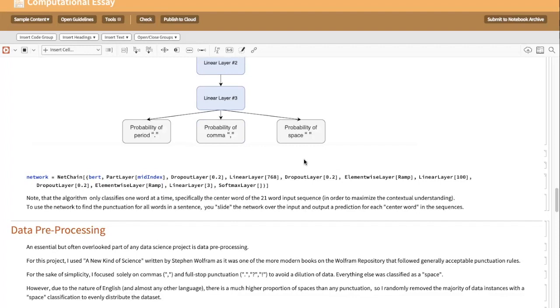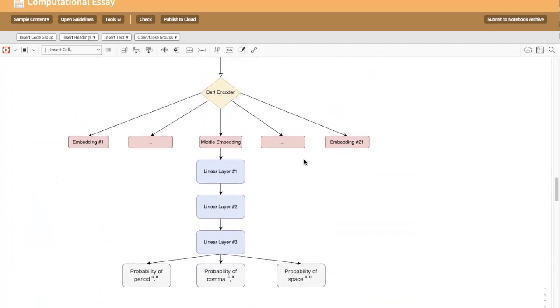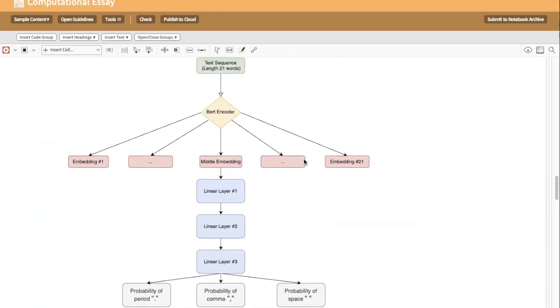Okay, sorry. So you said it only finds punctuation for a single word at a time. If you slide it through the words in the sentence, does it also consider context, even though it's only looking at one word, or does the context vary as it looks at different words?